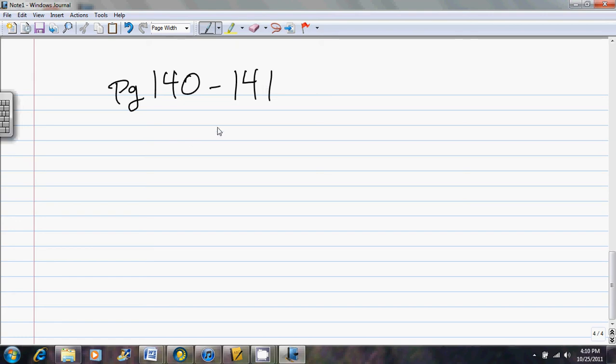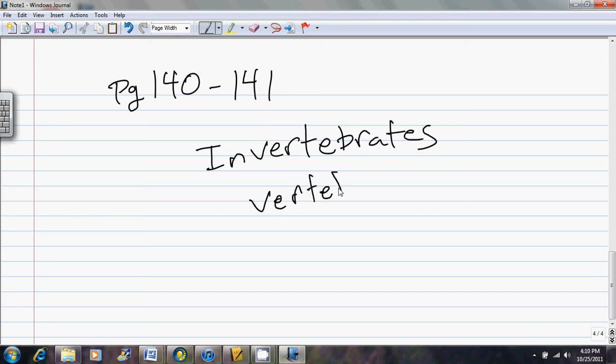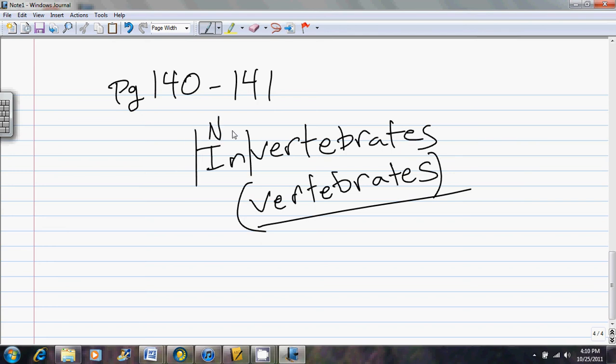These two main groups are the invertebrates or the vertebrates. And as you recall from class, a vertebrate is simply a backbone. So if vertebrate means it has a backbone, the in- part means no. So this means no backbone.